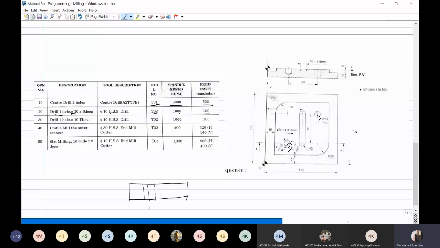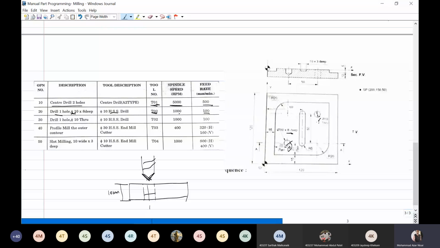Then the tool shape is in this way, a conical type tool. Suppose this is a depth of 10 mm, and you have to machine up to 8 mm, in this case for this tool, for this hole.